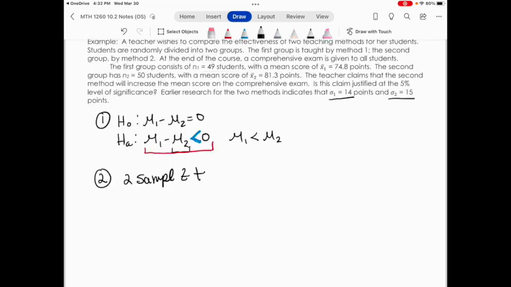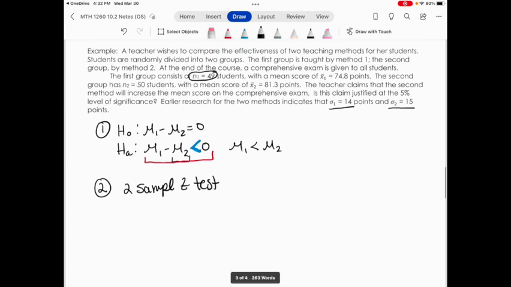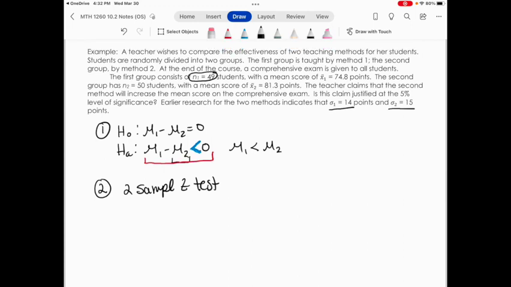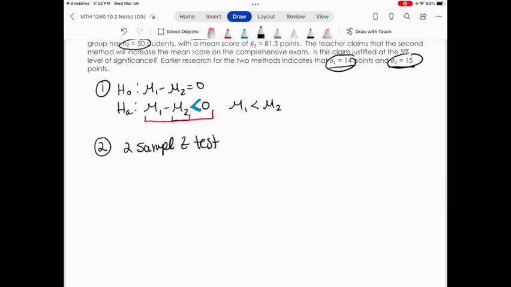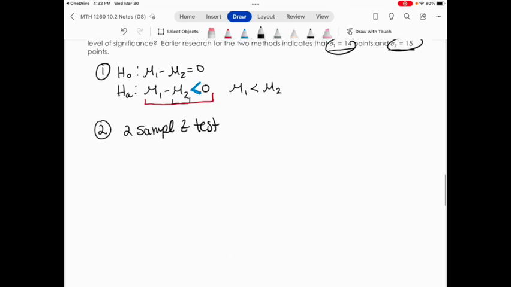Now for the second step, I know that I'm going to be able to use the two sample z-test because my sample sizes are greater than 30, and because we know our population standard deviation. So that's my justification.